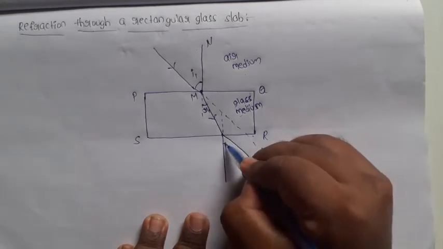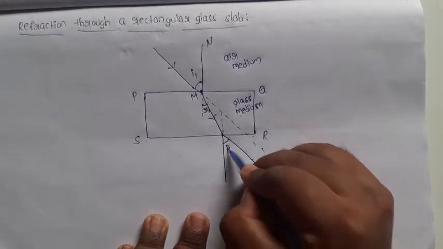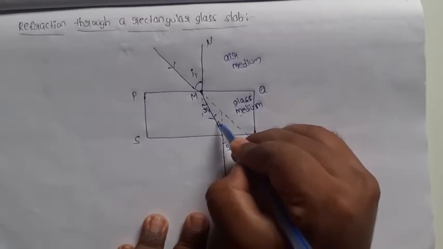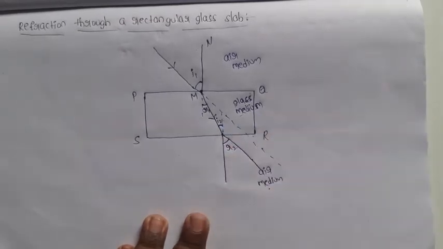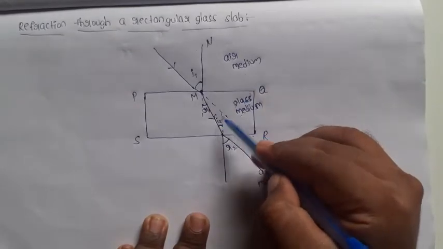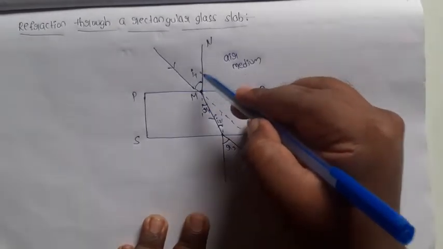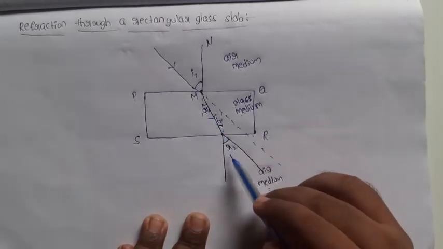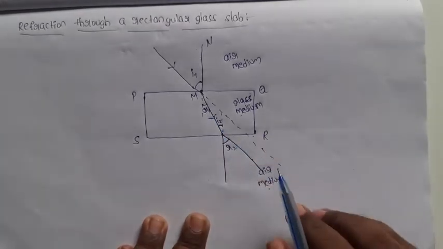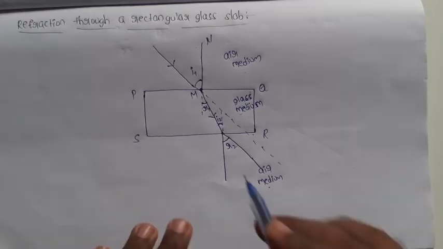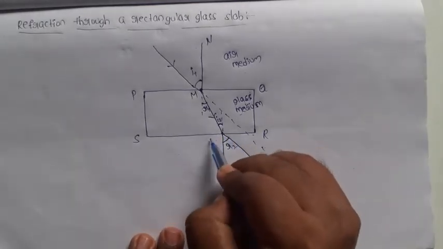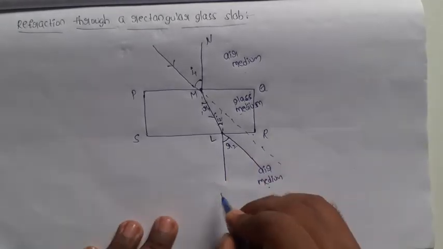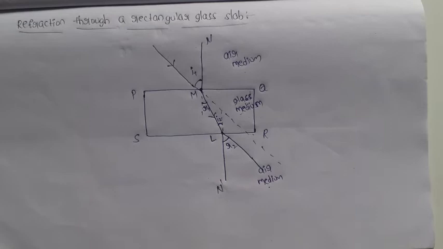Here the angle is R2. Here the angle is I2. So I1, I2, R1, R2. I1 and I2 are the incident angles, R1 and R2 are the refracted angles. I am taking a point here as L. This is N dash.